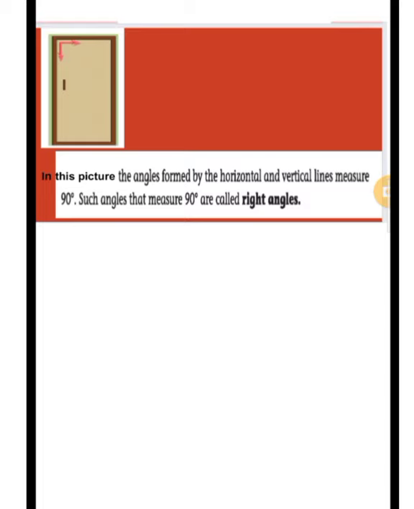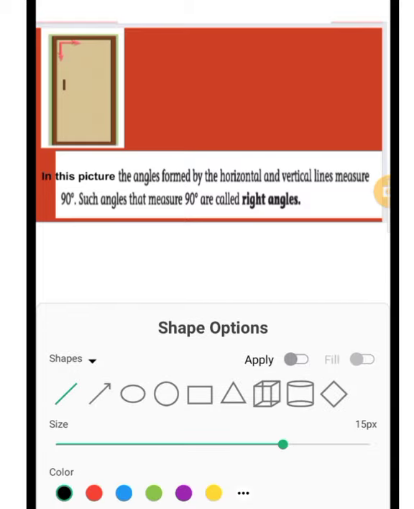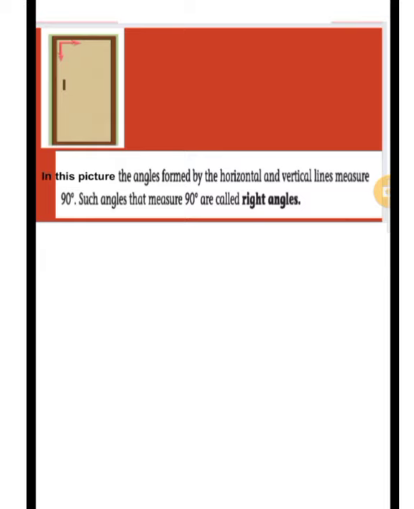Okay. So let us see some examples. I will show you how the right angles are formed like this. It will look like an L shape.